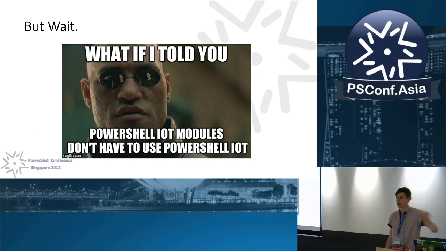But wait, now this is going to blow your mind. What if I told you that PowerShell IoT modules do not have to use the actual PowerShell IoT module? I know, it's a little weird to say.